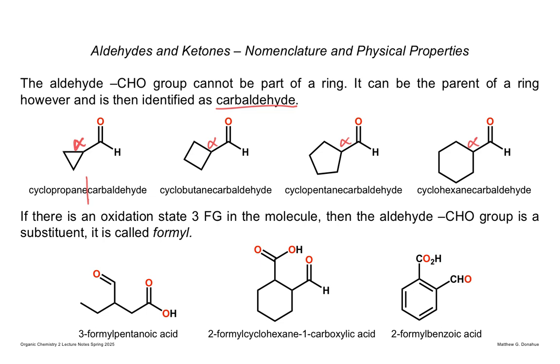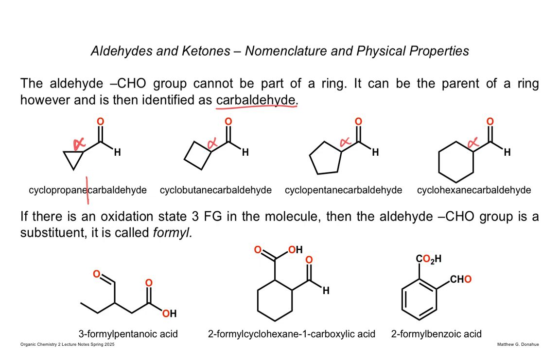So in preparation for your final, we're getting to the stage now when you can have higher oxidized compounds. If you have a polyfunctional compound with more than one oxidation state, the question is, how do you name it? And it's named according to the highest oxidation state.